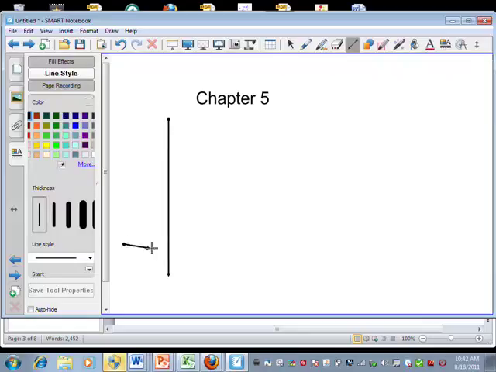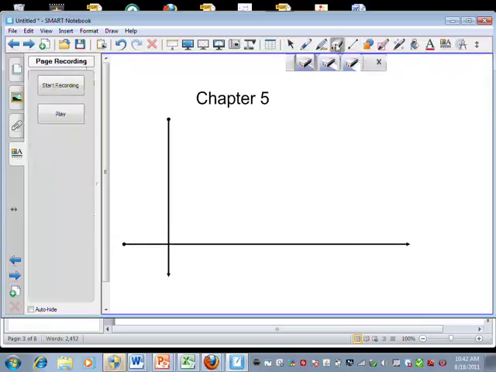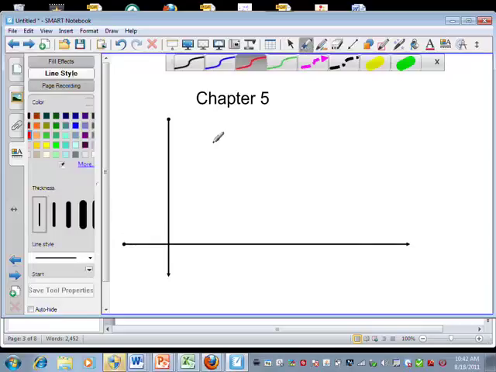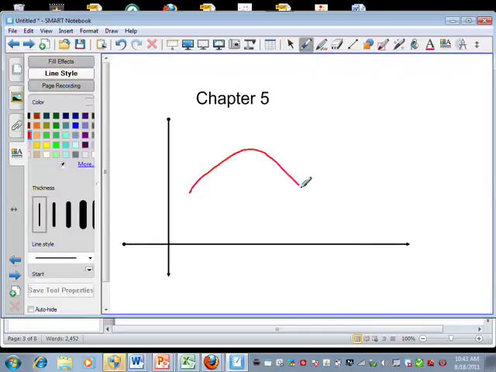So here's some axes. And draw a function. There's the function, A, B.